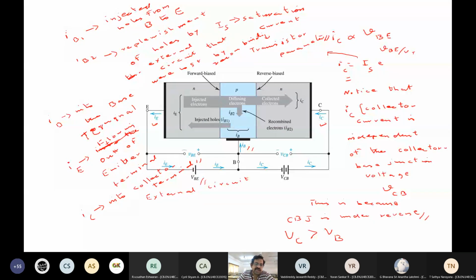Two currents, IB and IC, are into the terminals and IE is flowing out, so the incoming current must equal the outgoing current. Therefore, we have this equation: IE equals IB plus IC. This is a very important equation.